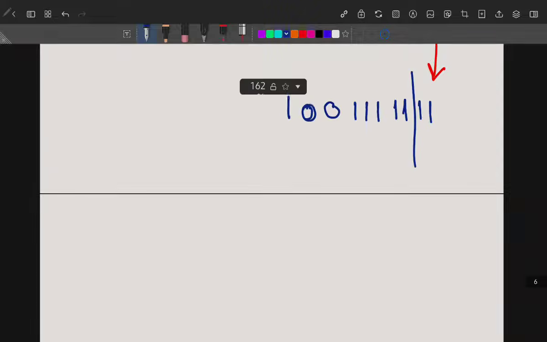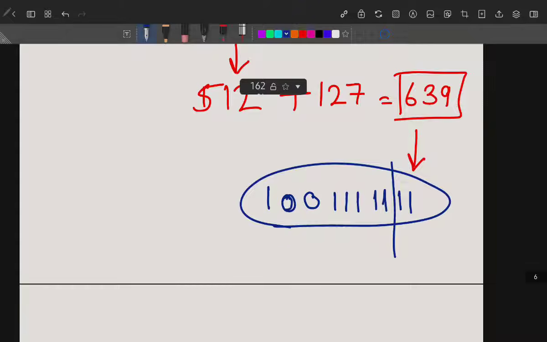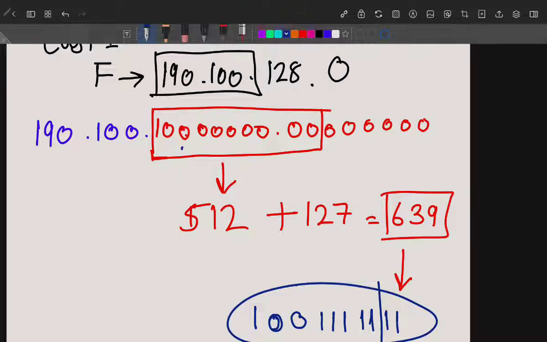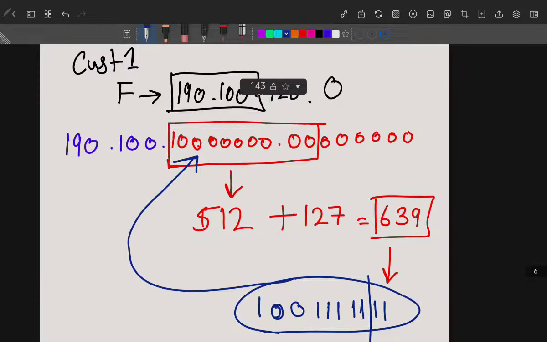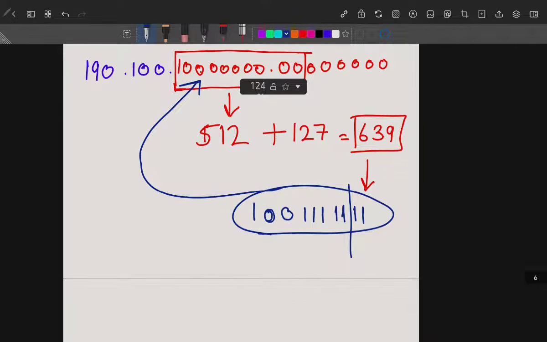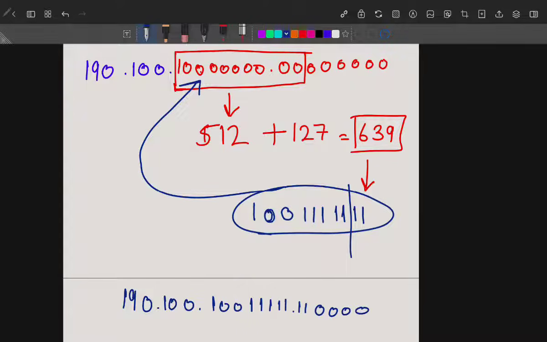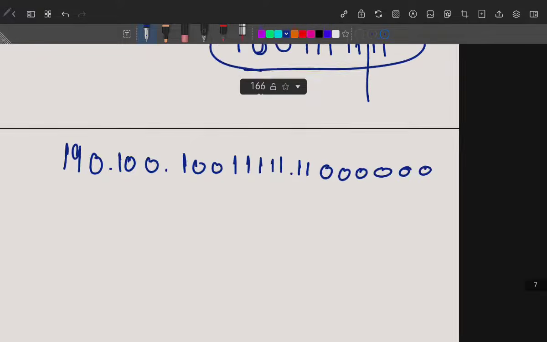What do we then do? We replace the new subnet ID inside here. This subnet ID, replace it in here to get the new subnet ID. The subnet ID will be 190.100.111.11.11.000000. Simple now. Convert this to binary, convert this to decimal, you get 190.159.